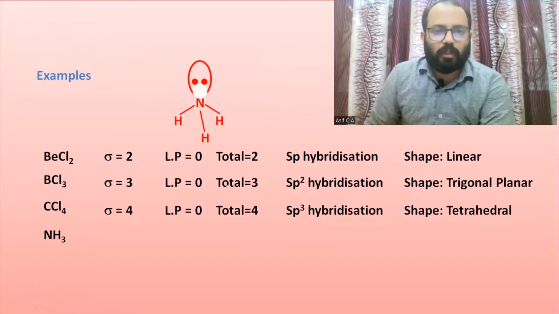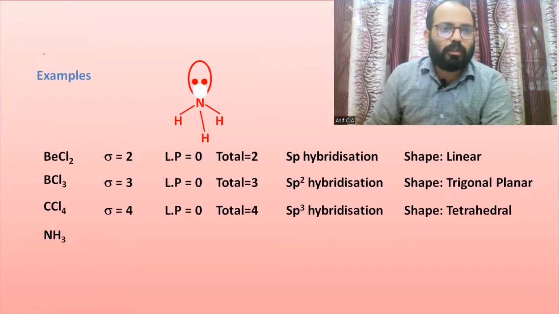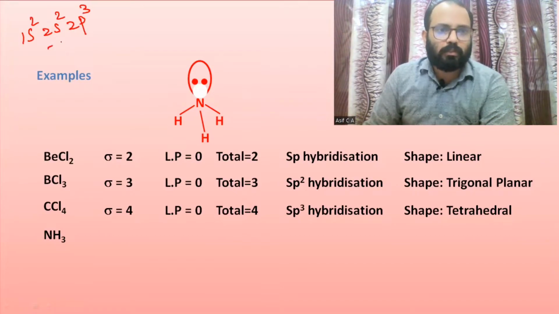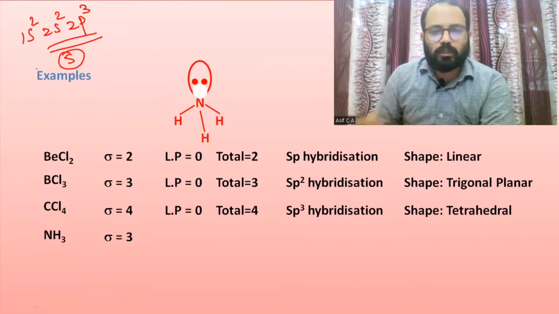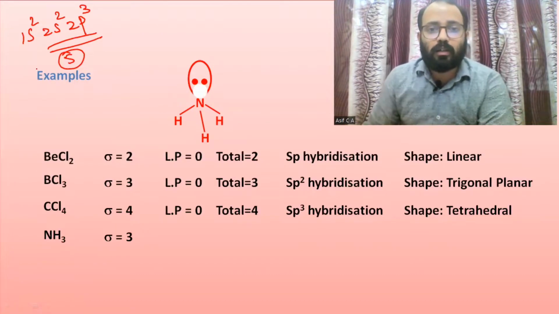Ammonia has a lone pair. When we write the electronic configuration, 1s2 2s2 2p3, so the outermost shell has 5 electrons. But 3 of them have bonded with 3 hydrogens, so 3 sigma bonds. In total there are 5 electrons, but only 3 have bonded, so 2 electrons are not bonded.